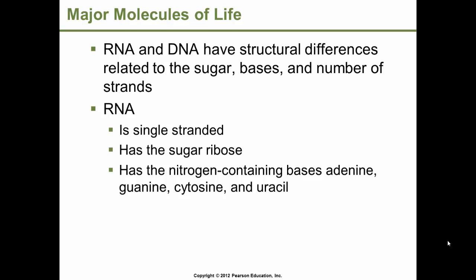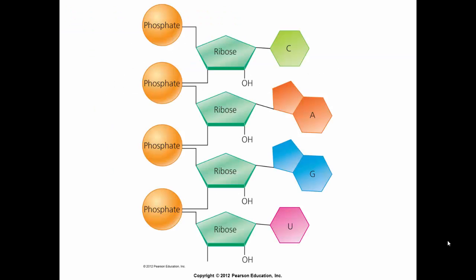It contains the sugar ribose, and it has the nitrogen-containing bases adenine, guanine, cytosine, and uracil. So this shows the ribose sugar, a phosphate. It contains cytosine, represented by the C, adenine by the A, guanine by the G, and U for uracil.